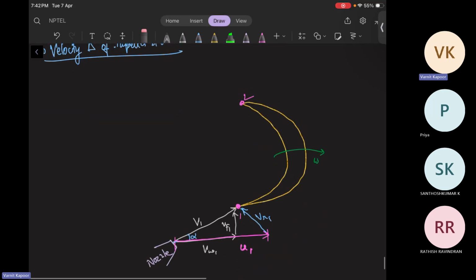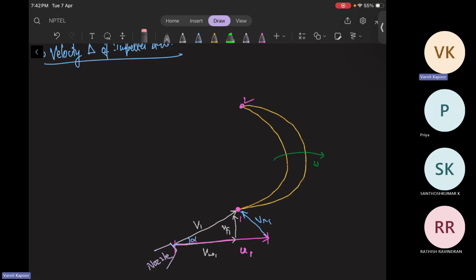Then again it will be coming out, that is, the working fluid will be coming out at an absolute velocity, let us say v2. V2 is your absolute velocity. Please carefully understand these velocity triangle formulas.